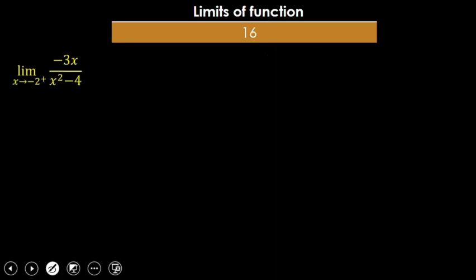We have the limit as x tends to minus 2 plus of minus 3x all over x squared minus 4. If you substitute directly, you are going to have minus 6 all over 0. We need to know the variation of that.